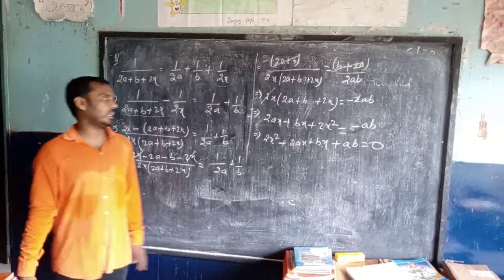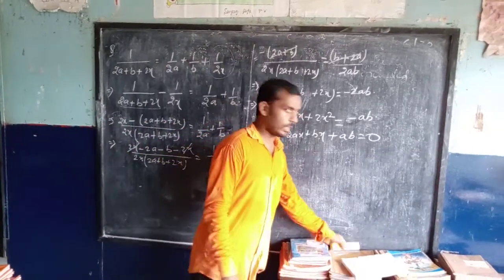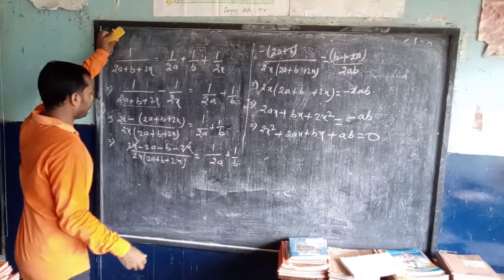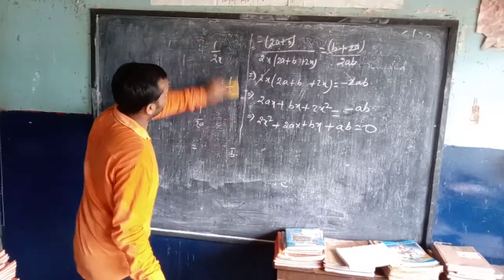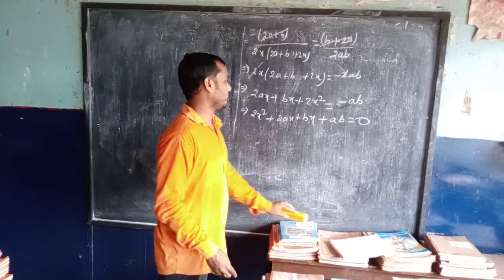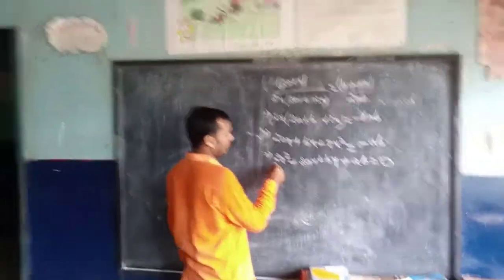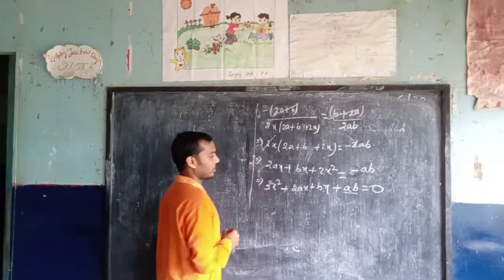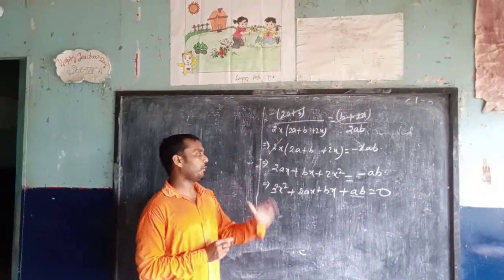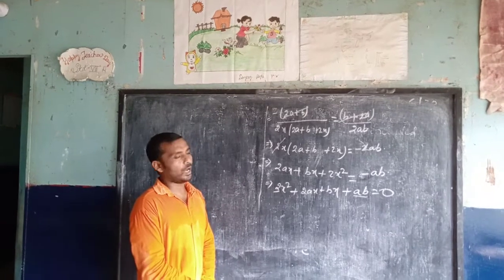So we have done till here. Now for further, what will we do? Here we have this constant 2 and here ab. We have to factorize the terms.